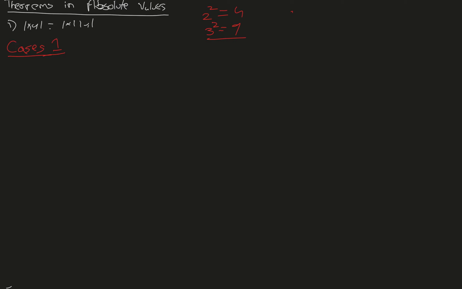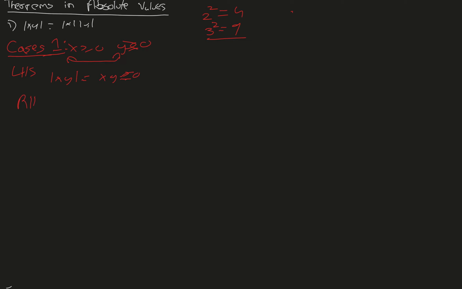The first case we'll be working with is x being greater than or equal to 0 and y being greater than or equal to 0. We have to prove that the left hand side is equal to the right hand side. On the left hand side, if you multiply two positive numbers, you get a positive number, so you get xy, which is positive.